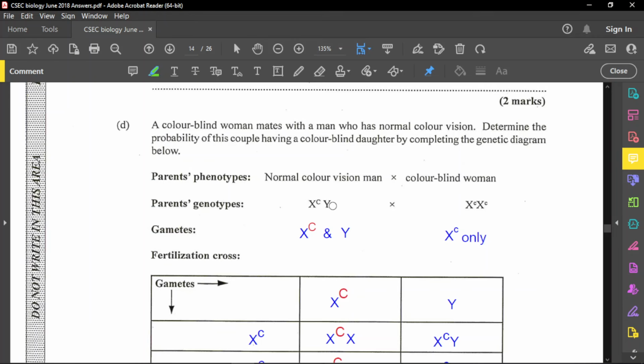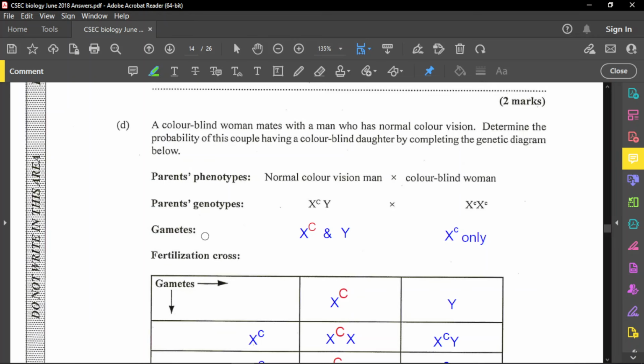Notice there's nothing on the Y because this is sex linked, X linked, I should say. Being X linked, the uppercase C on the man represents normal, and for the woman, she has recessive alleles, so that will be colorblind. So colorblindness is a recessive disease.